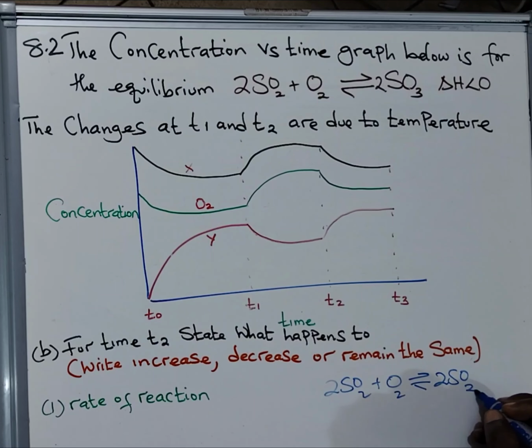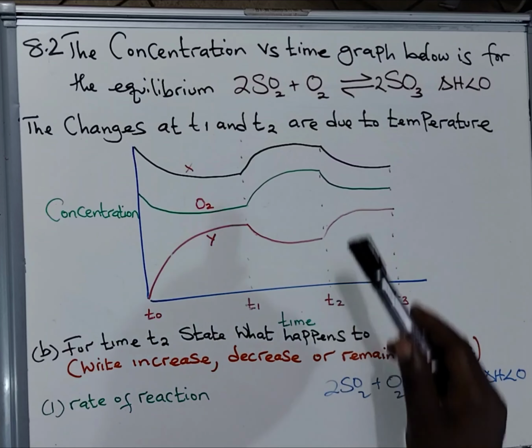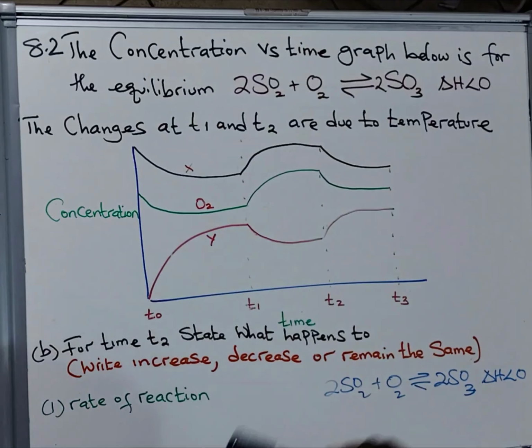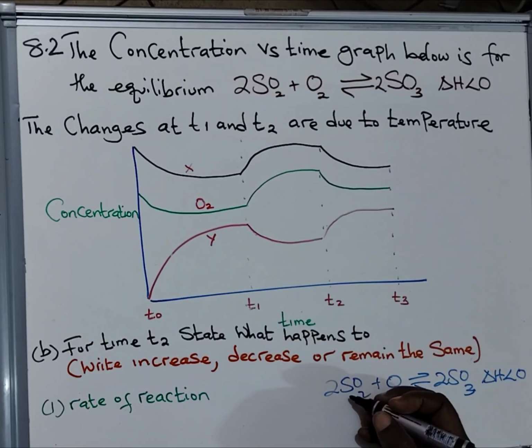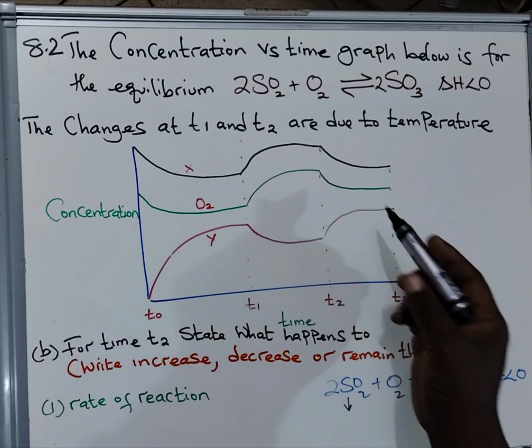So when you look at our equilibrium here, enthalpy change is less than 0. After writing it, what do we do? You represent the changes here. Let us look at X. X is sulfur dioxide. It decreased. Let's go to our oxygen.